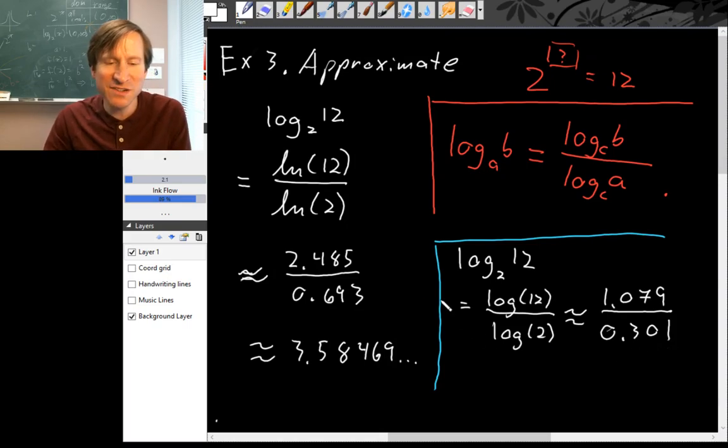And the quotient, so it looks bad at first because these numbers in this quotient, 1.079 and 0.301, are quite different than the numbers that we got when we used natural log.